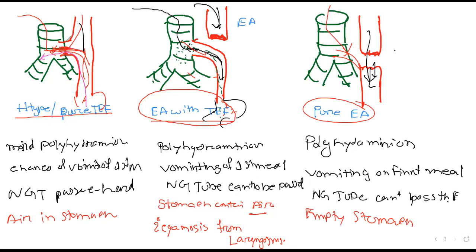Because of stomach acid in the trachea, there will be laryngospasm, and this laryngospasm will cause secondary cyanosis in this baby. So this is our discussion about tracheoesophageal abnormalities and their effect on clinical features.